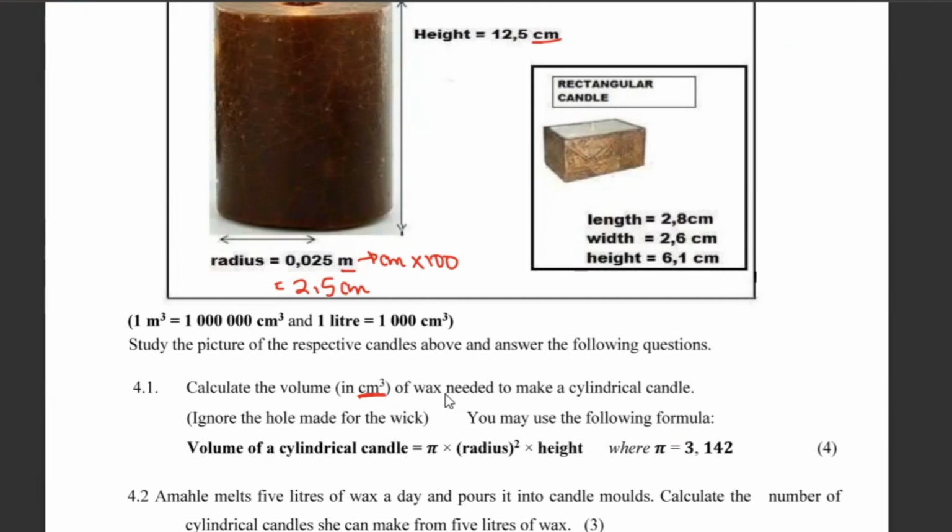So just substitute in the formula, which is 3,142 times 2,5 squared times 12,5.